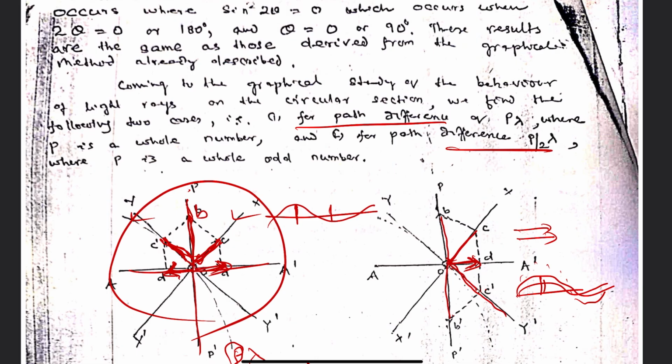So this is a case of help, and light is not found to be extinct, but here light becomes extinct. So this is the graphical diagram for the P by 2 lambda case. This is the case for the P lambda case. Here darkness, here light.